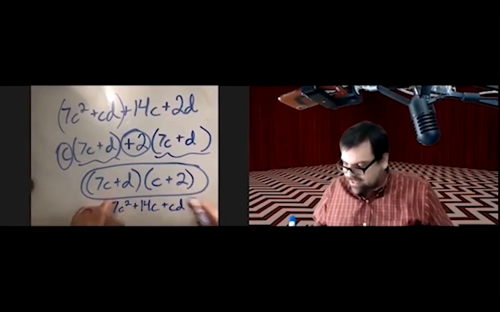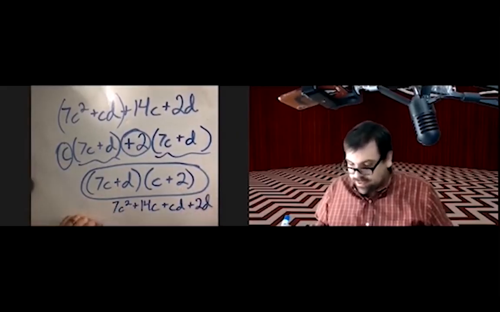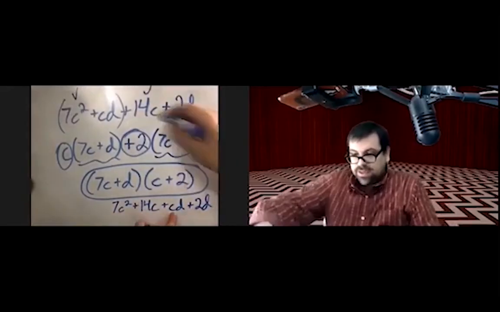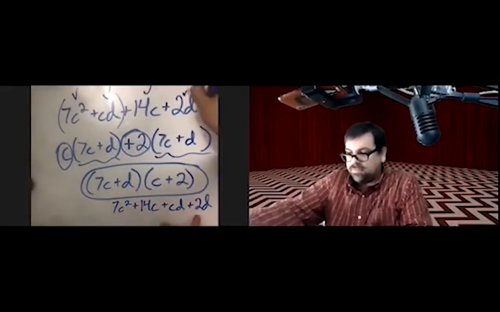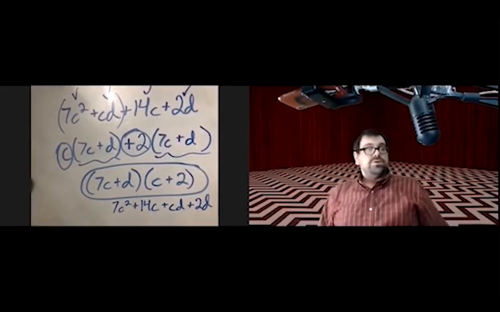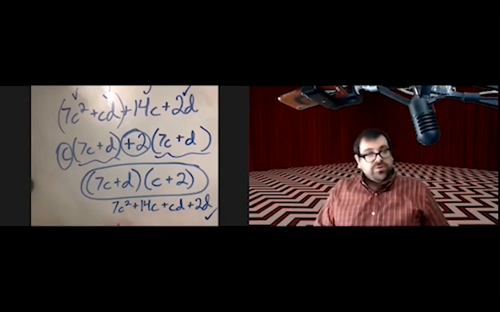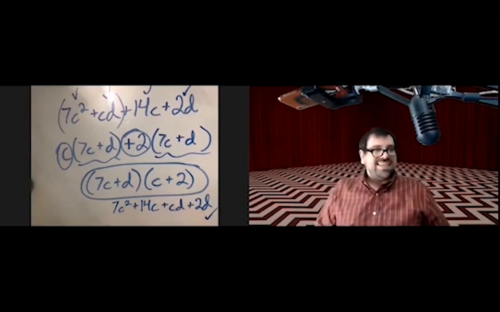Last, 2 times d is 2d. 7c squared plus 14c plus cd plus 2d. Those are our four terms. We got it right. We could have also had c plus 2 first and 7c plus d second.